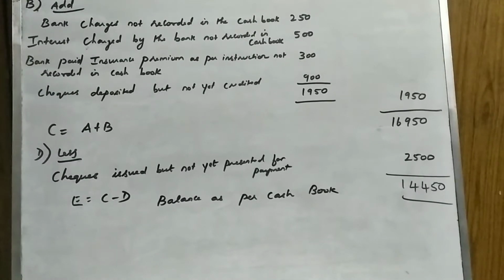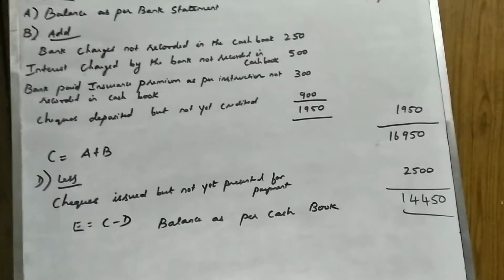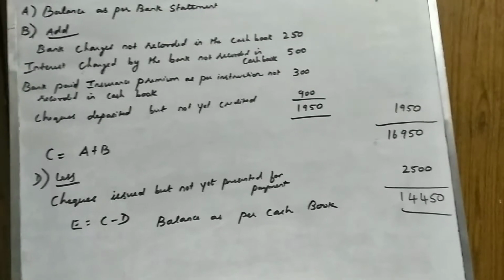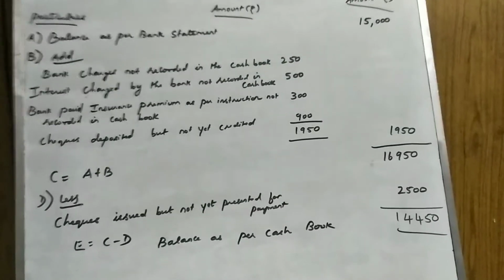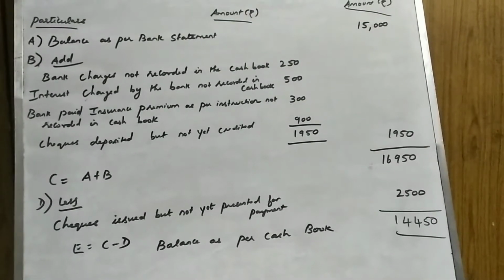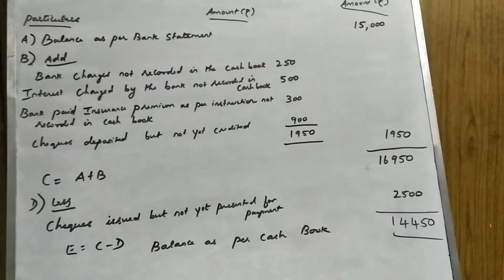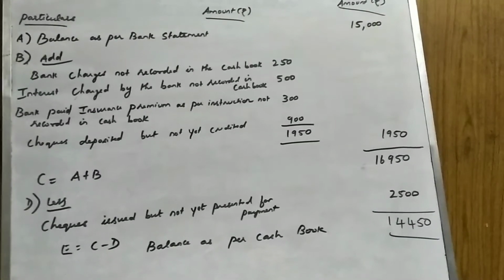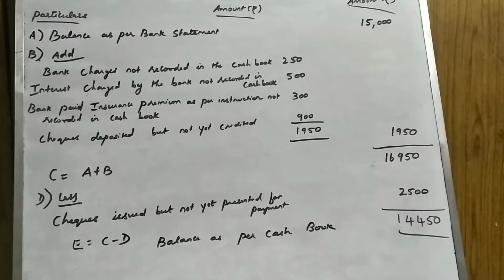If you want to equalize, you have to add it up. So 250 plus 500 plus 300 plus 900 total comes to 1950. This 1950 has to be added along with A. So A plus B gives you C, 16,950.